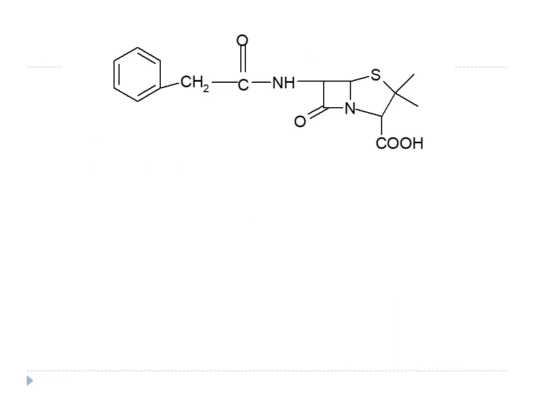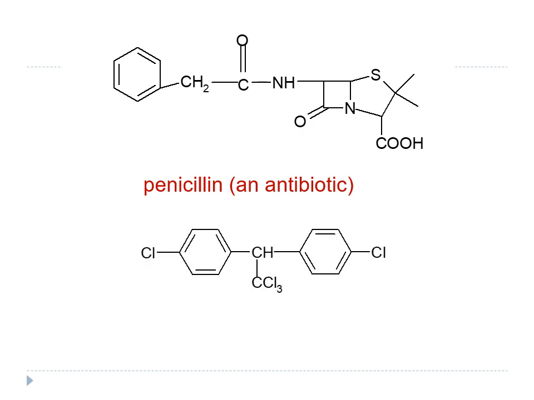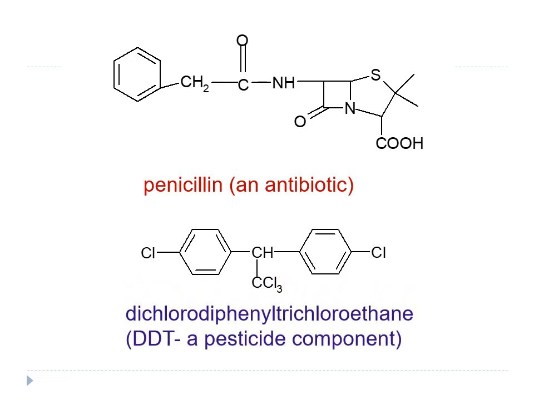Another example of an organic compound, as you can see in figure 4.2, is penicillin. It's an antibiotic, one of the oldest ones. And then the below part would be dichlorodiphenyltrichloroethane. It's a DDT pesticide for agriculture.